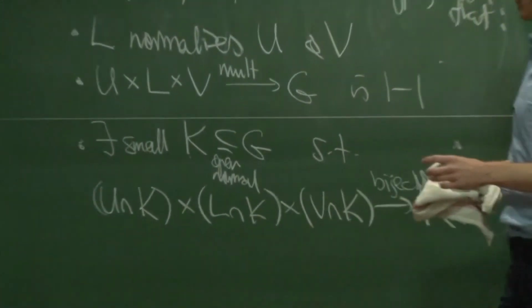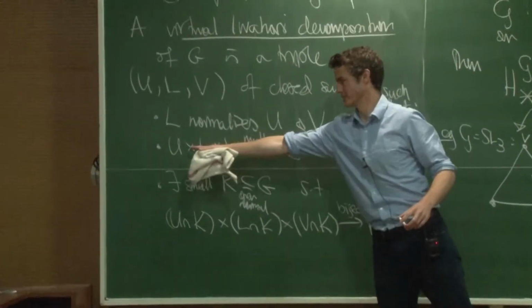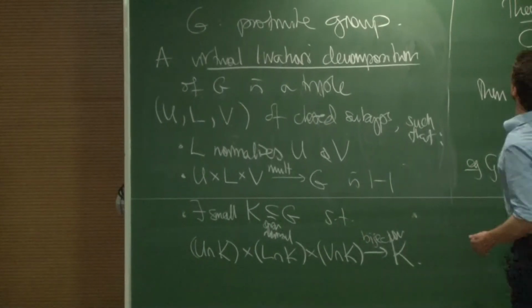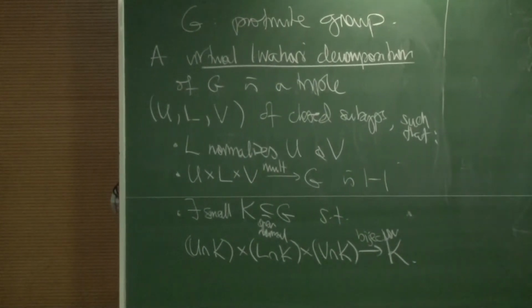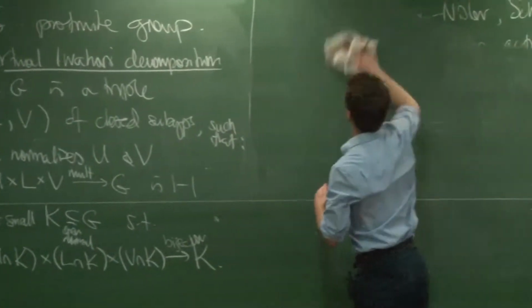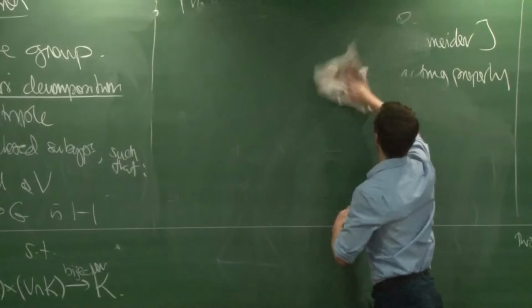And I'll just stress once again that the important point is that the image of this map need not be a subgroup of G. So I'll get to some examples in just a moment.